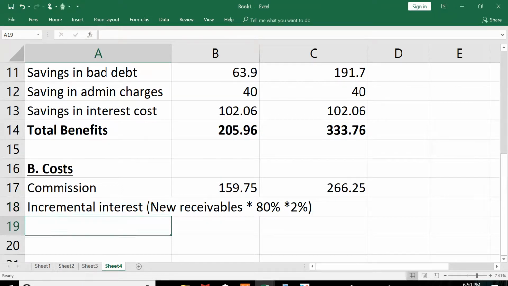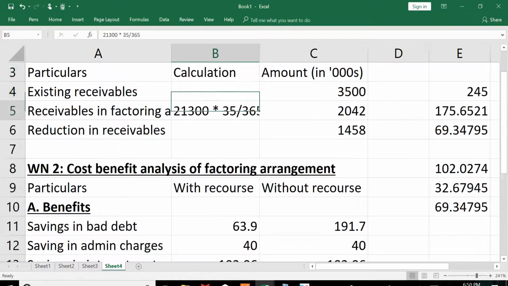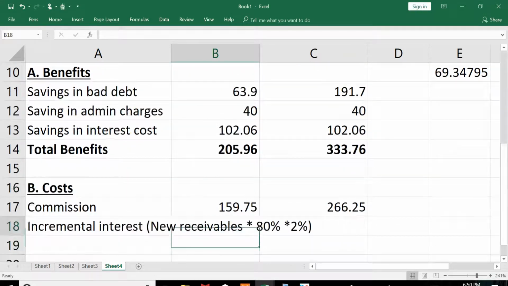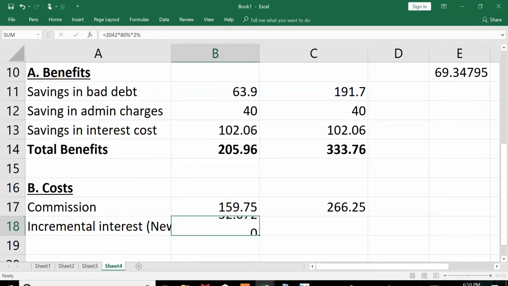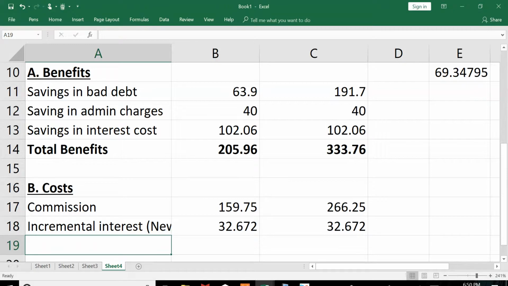He is charging extra 2%. 2042 into 80% into 2%. That's an extra interest which is going to flow out of the company. You saved some money, but you are also required to pay something extra.